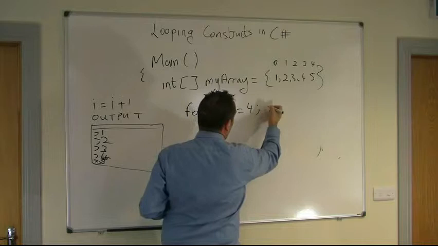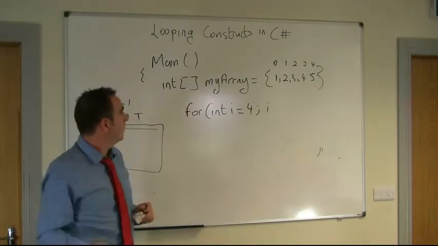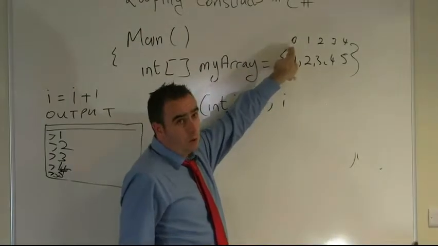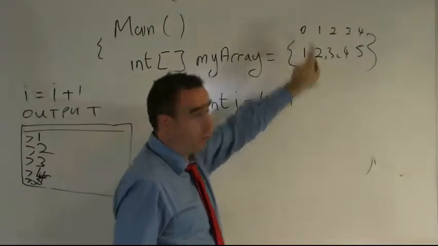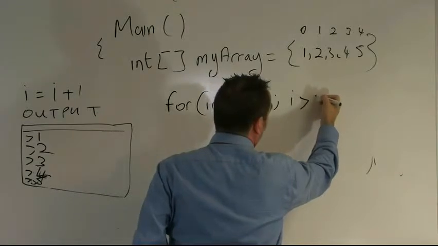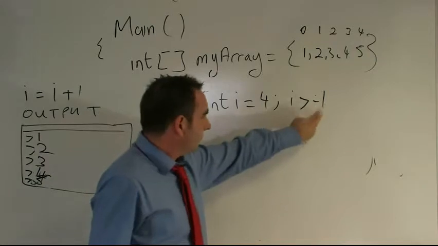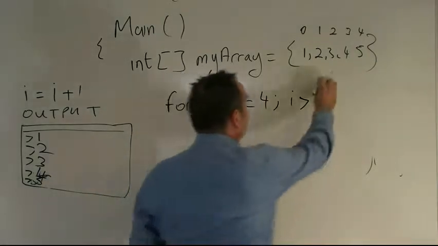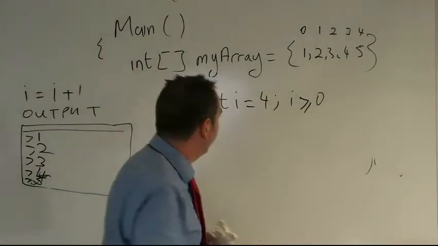Okay, what do we want I to be greater than? We want it to be equal to 0, so I has to be greater than minus 1, or maybe we just leave it at I is greater than or equal to 0, how's that? Because then we're not going to minus figures, it's getting messy.